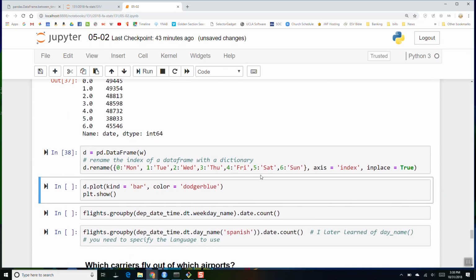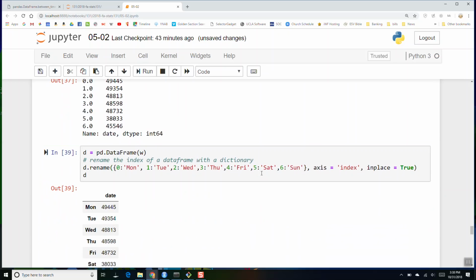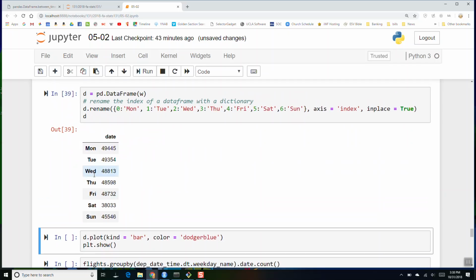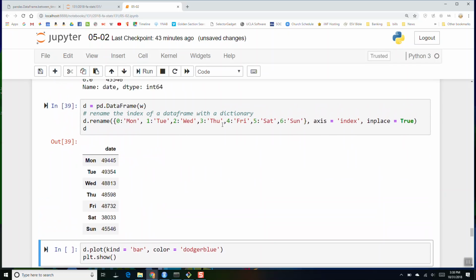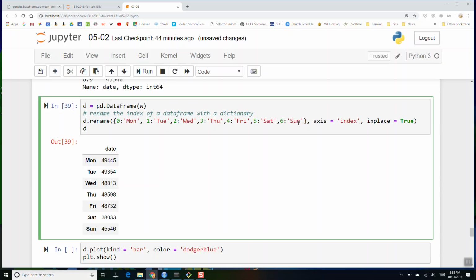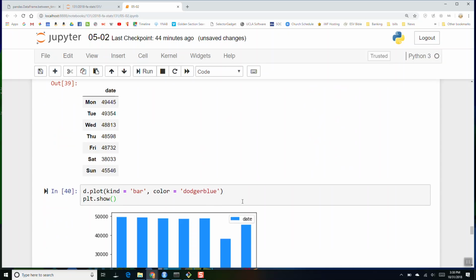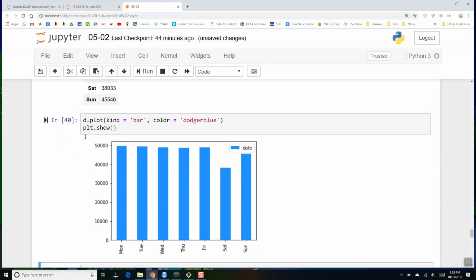Let's show our data frame, and we have Monday, Tuesday, Wednesday, Thursday, Friday, Saturday. It was a little bit tedious to make the dictionary yourself, but that's possible. And then you can plot it, just calling plot on the data frame.